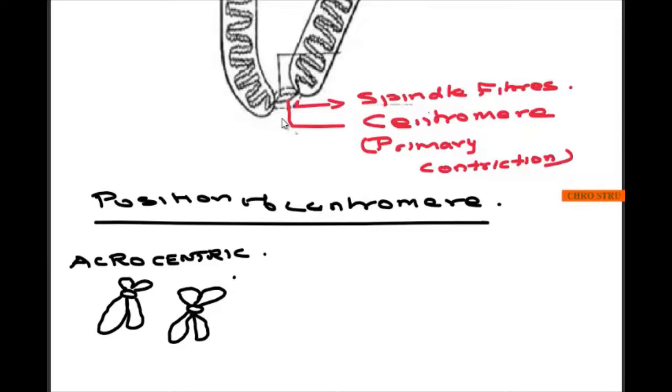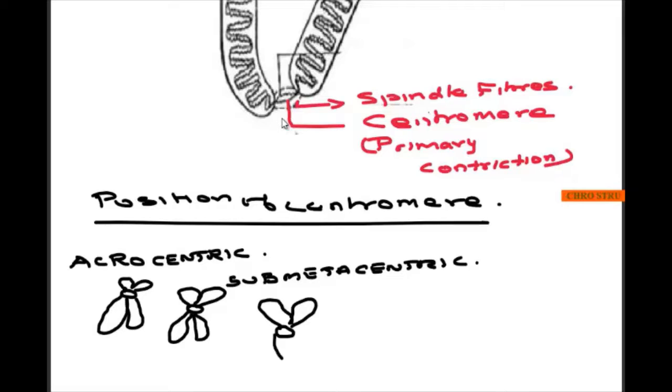We call them sub-metacentric. Then we will have two equal arms, that is, the centromere will be at the center, making the chromosome have two equal arms on both sides. We call them metacentric.